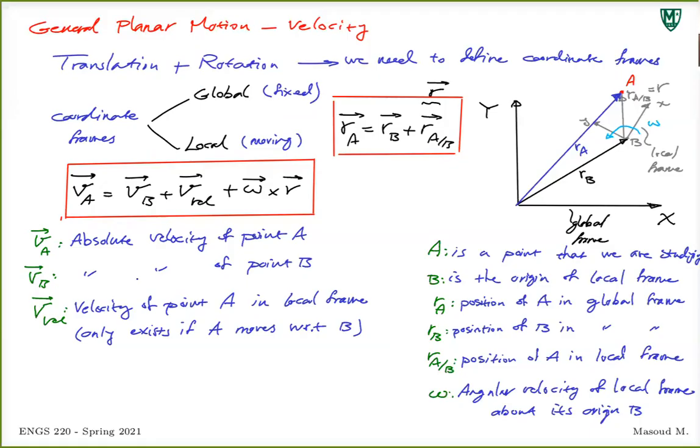But if there is no motion, the points on this rigid body do not move with respect to this local frame, then that's zero. And that goes back to how you attach your frame. Two decisions you have to make: where to put it and what you need to attach it to, or maybe a third decision, what point to study using that frame. But the last term is omega cross R.